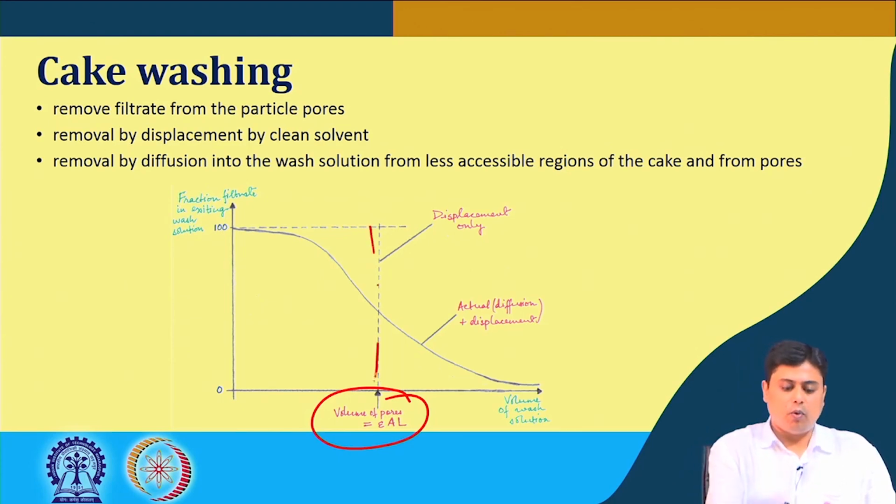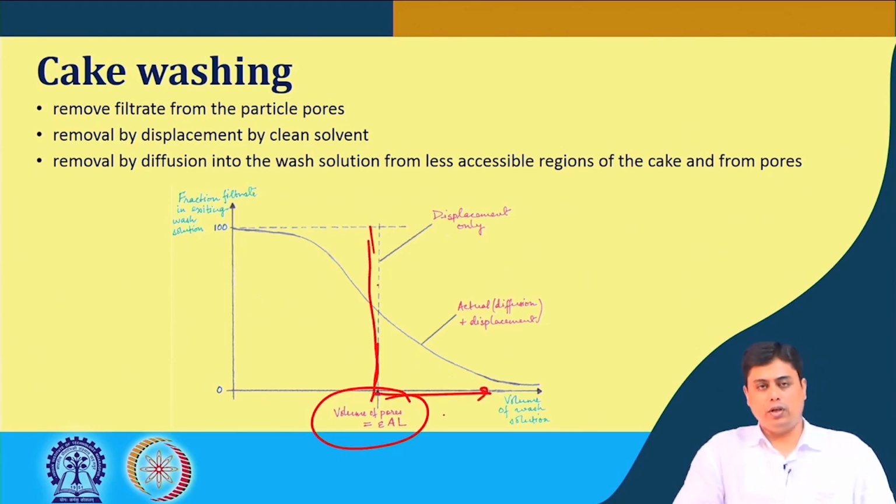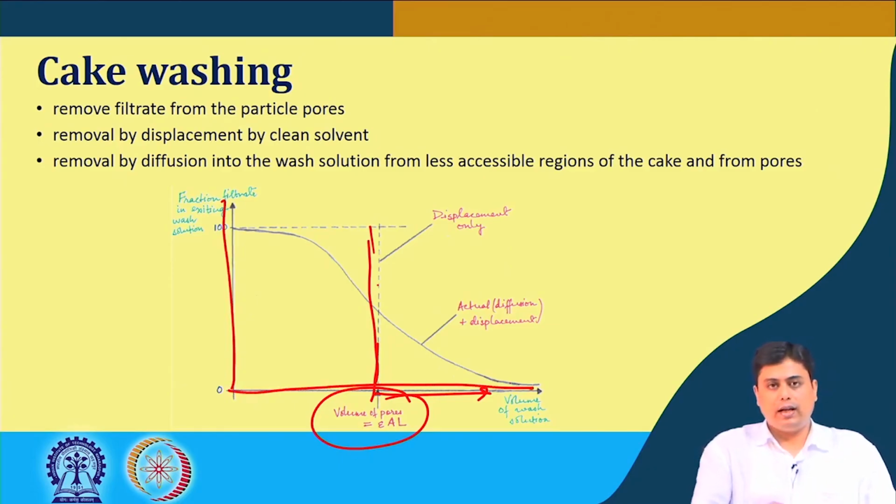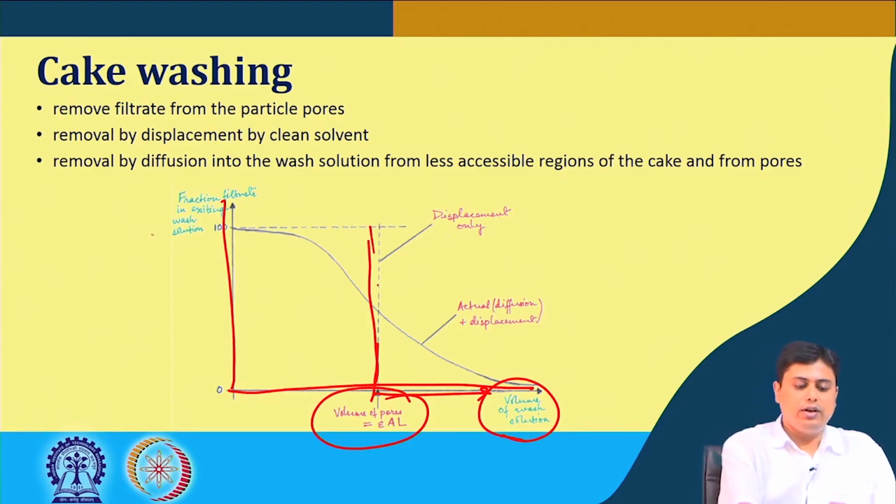So after a certain point, the removal happens by diffusion only, but most of the filtrate is actually removed by the displacement method. This schematic shows the removal process: here is the volume of wash solution required, and this is the fraction of filtrate in the existing wash solution.